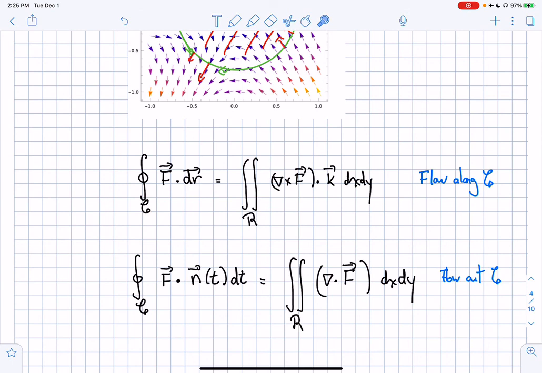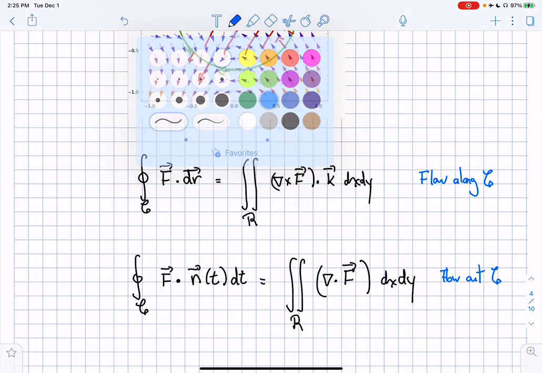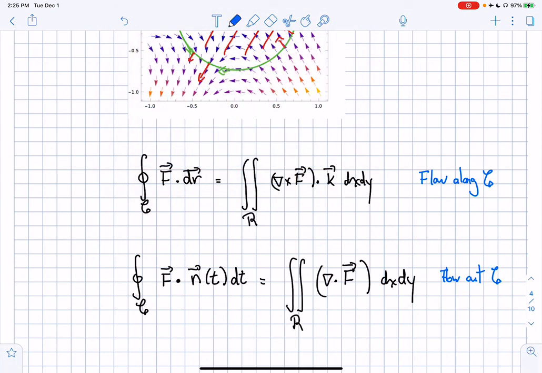Okay, so that justifies a bit why I said at some point the divergence is about the infinitesimal flow out at a point, and the curl is about infinitesimal rotation, or whirl. Let's call it a whirl.